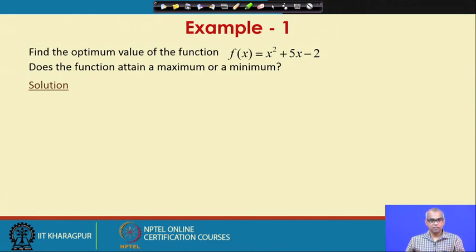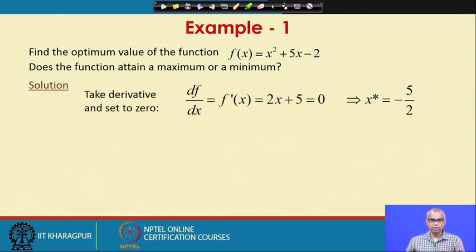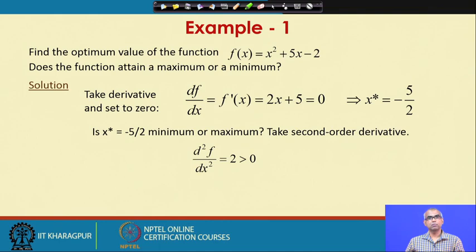So, let us quickly take two simple examples. Find the optimum value of the function f x equal to x square plus 5 x minus 2. Does the function attain a maximum or a minimum? Take the first derivative and set equal to 0, because that is the first order necessary condition for optimality. So, we take df dx and set that equal to 0 and get x star equal to minus 5 by 2. Now, the question we ask is whether x star equal to minus 5 by 2 is minimum or maximum.